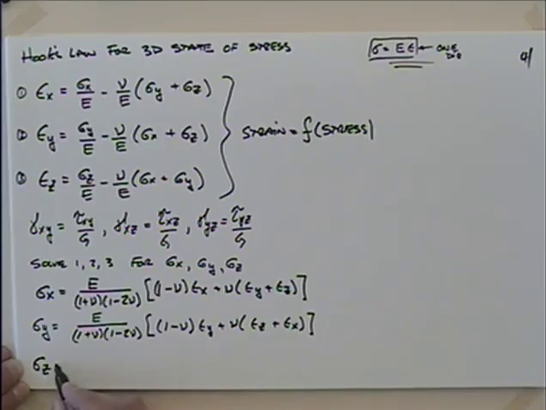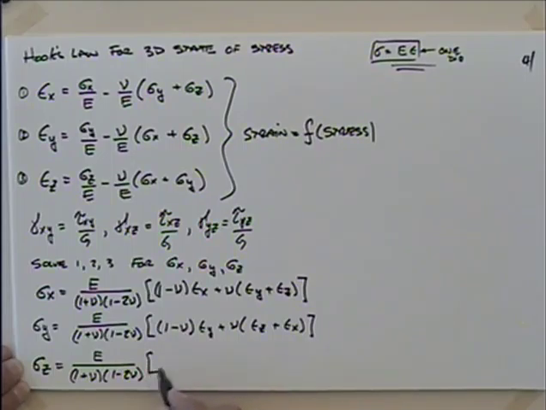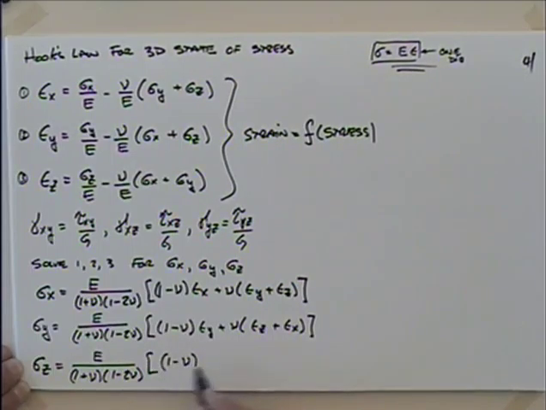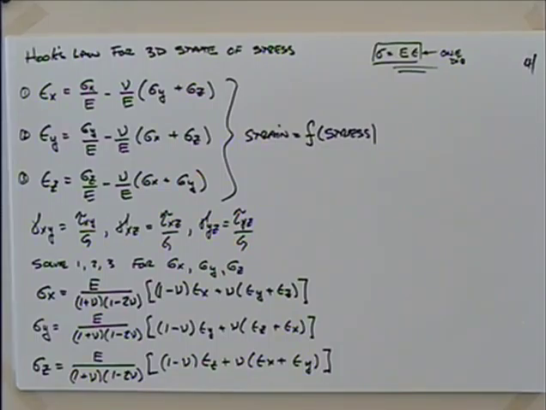Sigma z is equal to Young's modulus divided by 1 plus Poisson's ratio times 1 minus 2 times Poisson's ratio, times 1 minus Poisson's ratio times epsilon z plus Poisson's ratio times epsilon x plus epsilon y. Let me double check them. Yeah, I think we're okay.